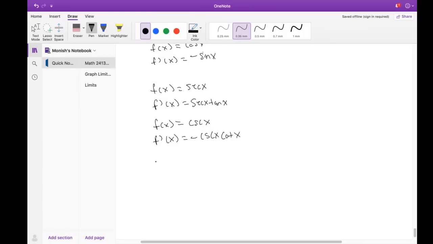And then we'll do tangent. Yep, secant squared x.